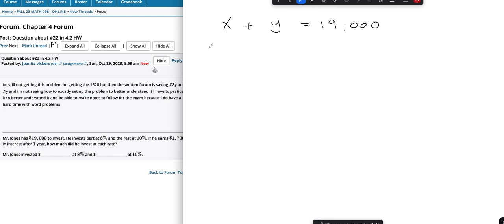And then 8% of the money in the first account would be the interest payment. And then 10%, you do 0.1 or 0.10, they're both 10%. And that would equal 1,700.